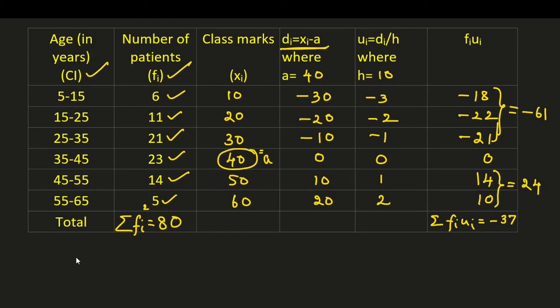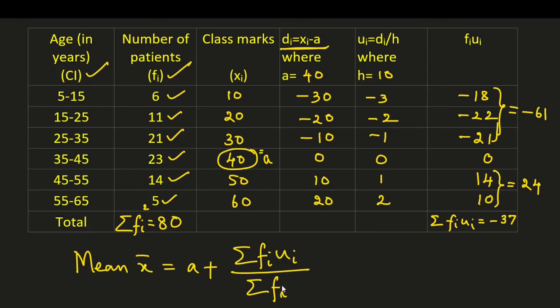Now the formula for mean in the step deviation method: mean x bar is equal to a plus sigma fi ui by sigma fi into h.